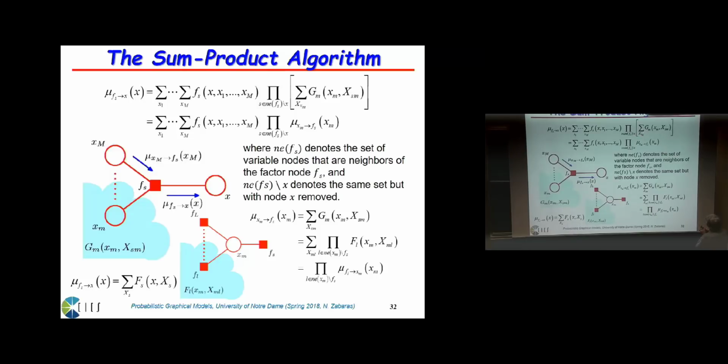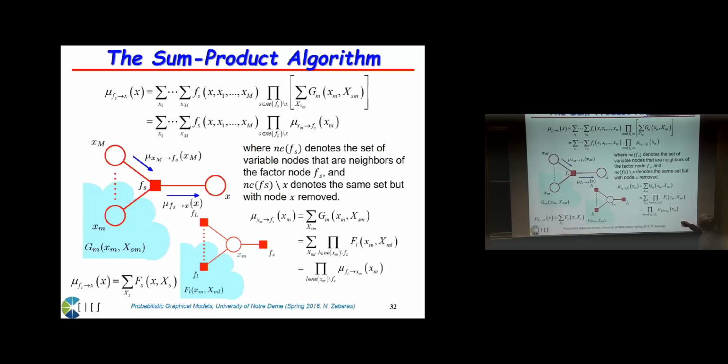So we have to integrate those variables out as well. Before we had this times this product, and now I have to integrate all the variables but little x to find the message that this factor sends to x.